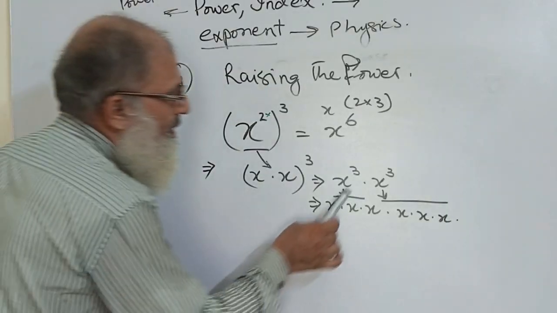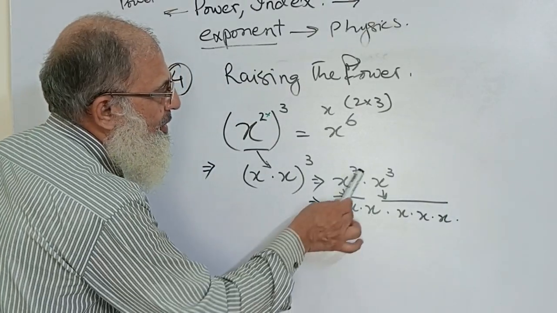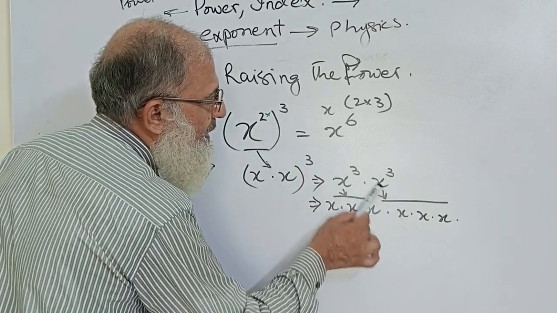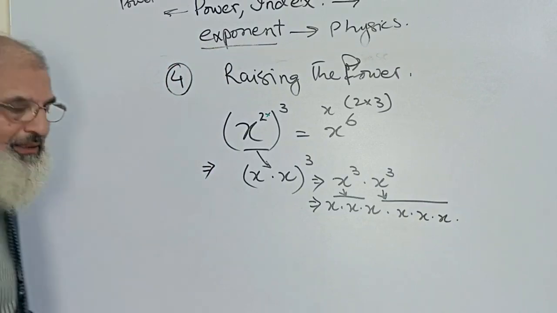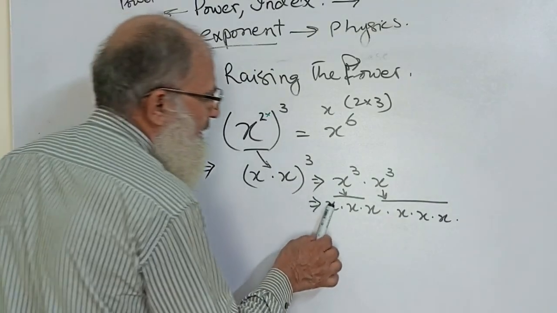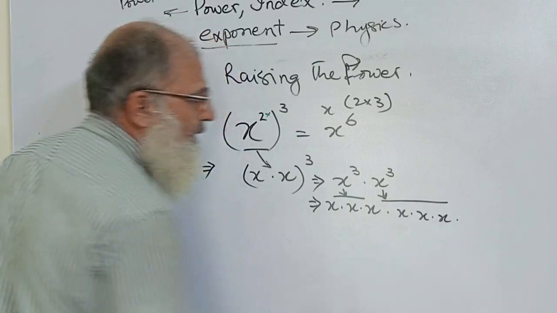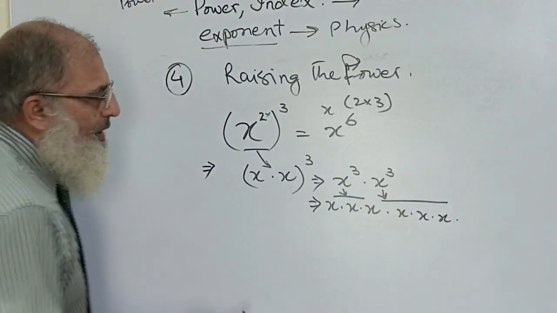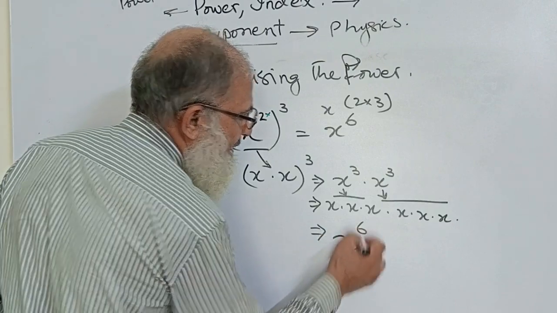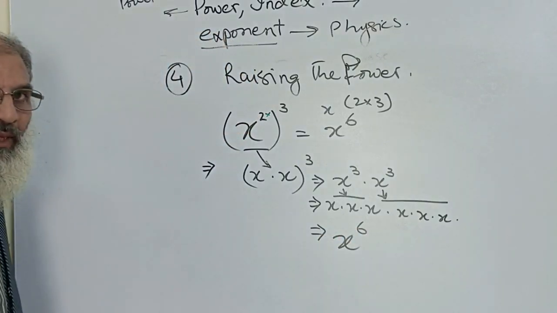You see, 3 x's for this element, and for this element also there are 3 x's. And according to the first law, the bases are the same, all 6 bases are the same. Then you will write x raised to power 6.